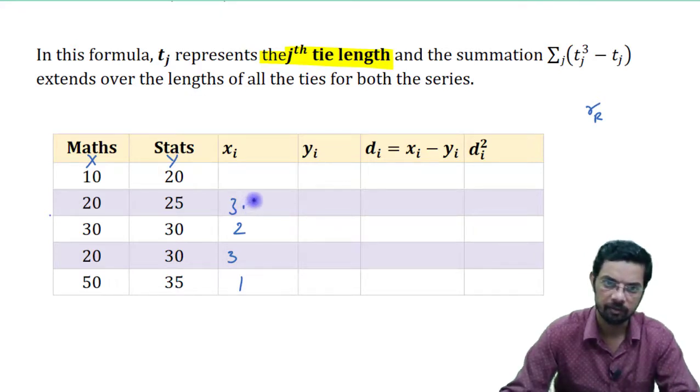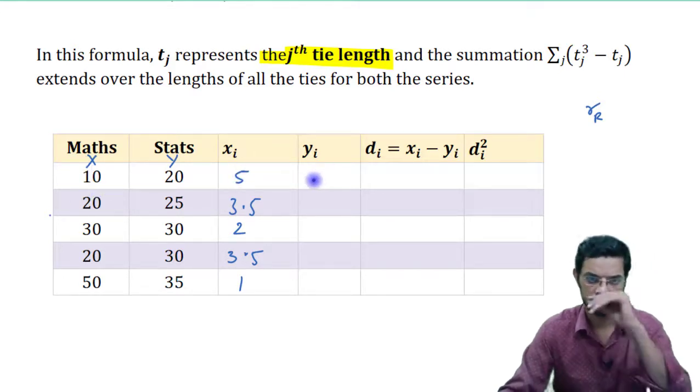So we will be giving 3.5 to both of them. The average of the tied ranks will be given to both of them. Here this is 10, and that will be the fifth rank.